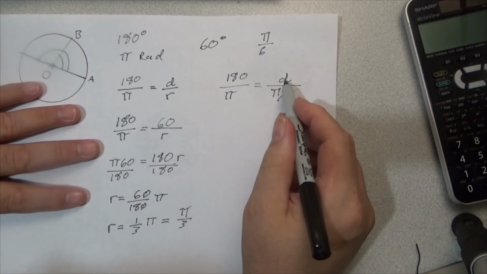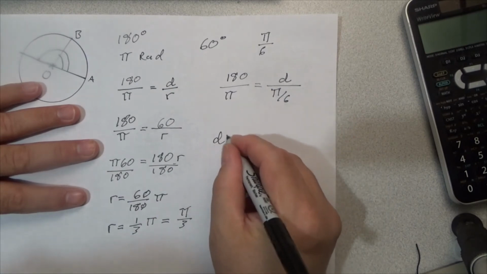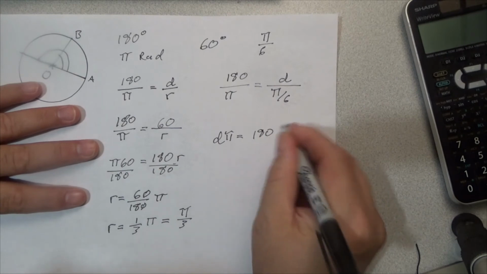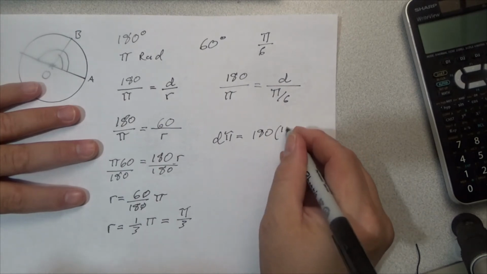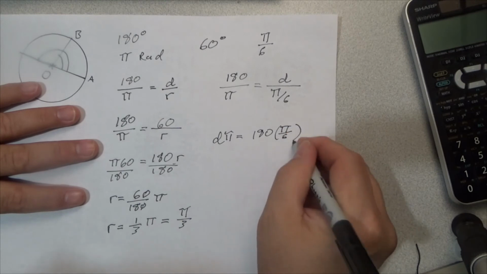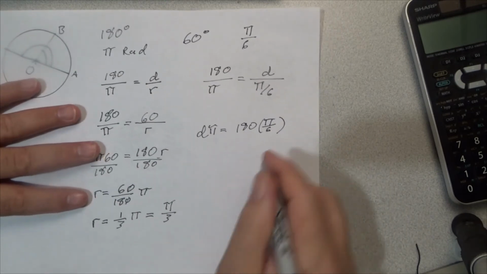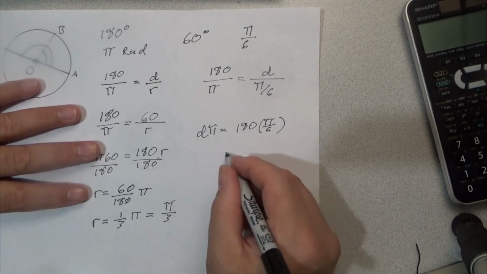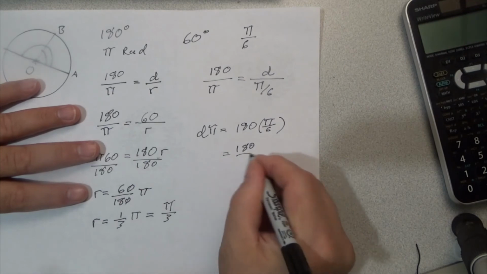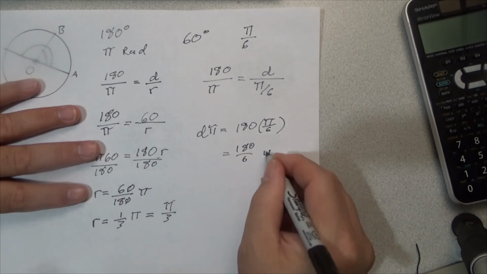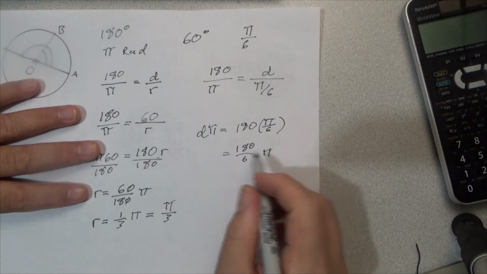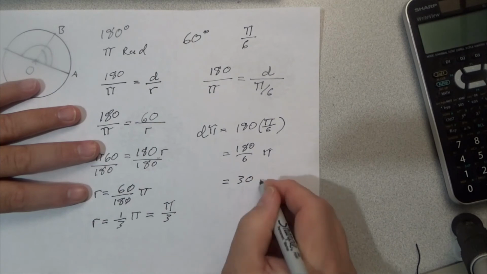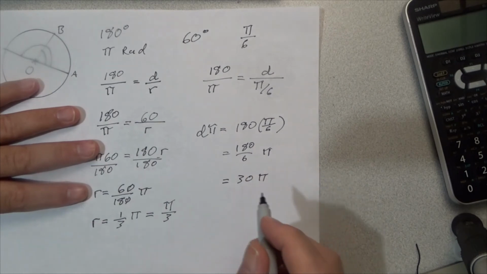Okay, so cross multiply, I get d times pi is equal to 180 times pi over 6. I'm just going to do some simplifying here. So this is 180 over 6 pi, and 180 over 6 is 30, so this is 30 pi on this side.